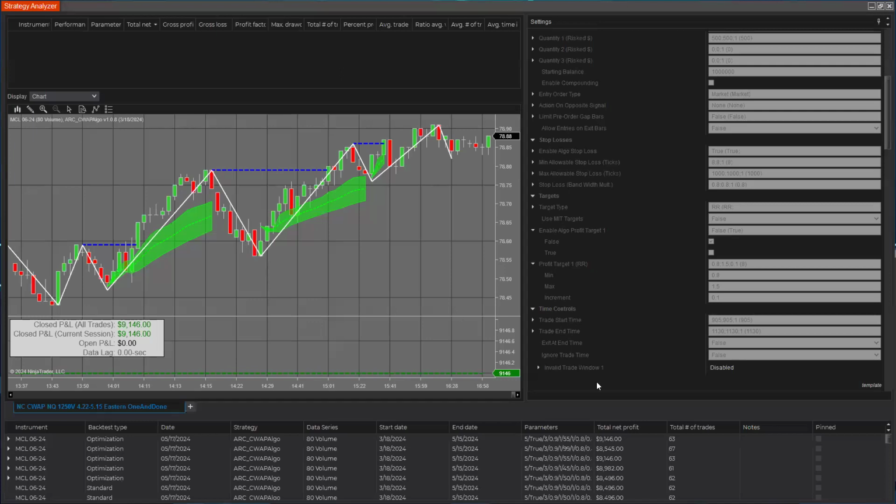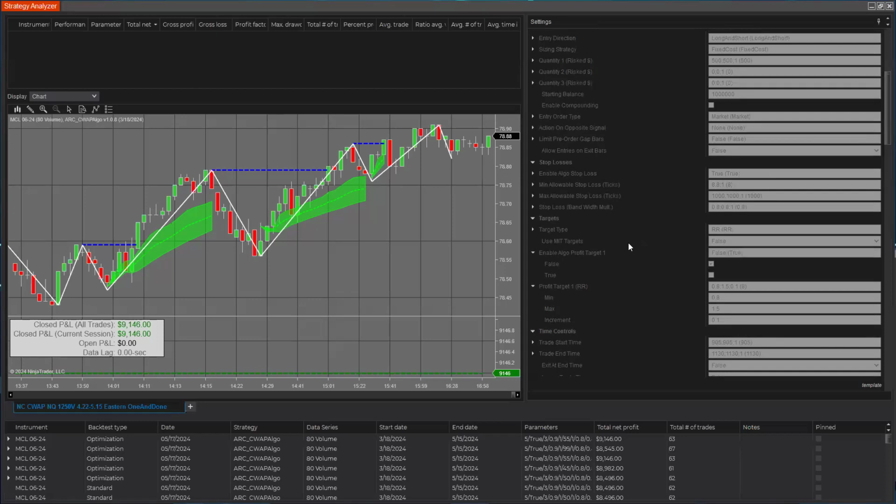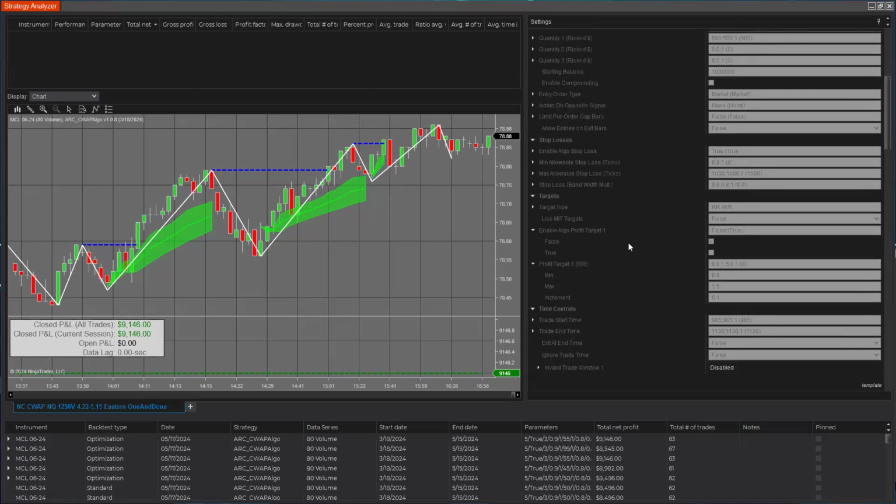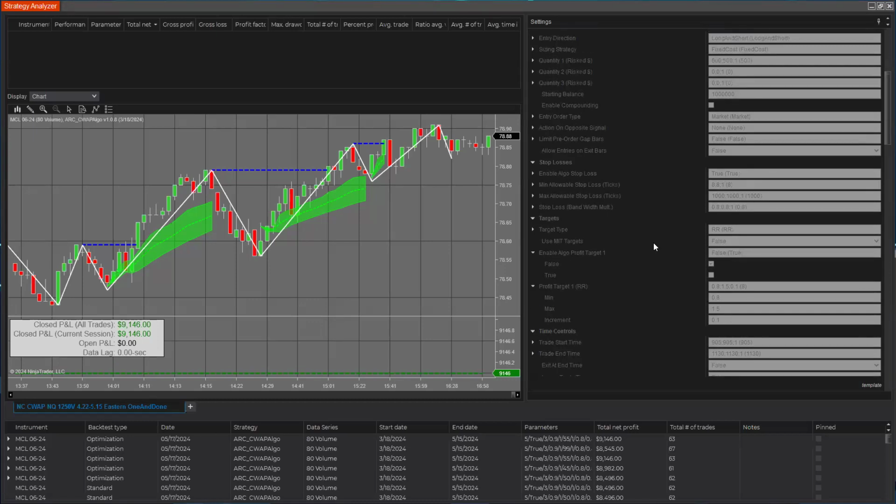I don't get why it takes so long to cancel a backtest. This has never made sense to me. Ninja. Come on now. Might as well just run the thing. Just let it run.